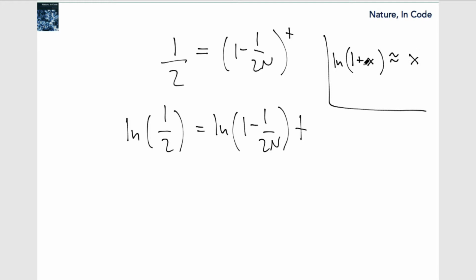So if you have a number that's close to 1, the extent to which it is actually close to 1, which is x, equals the logarithm of this number that's close to 1.